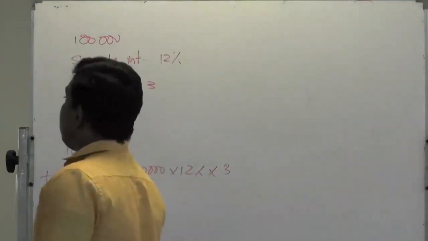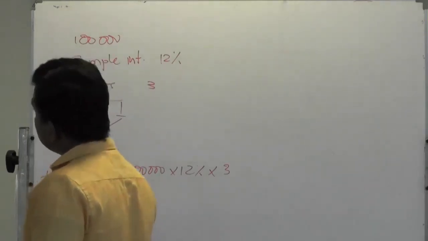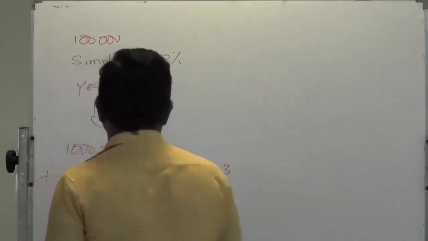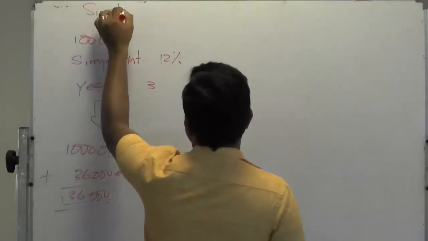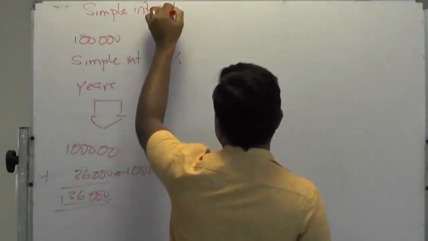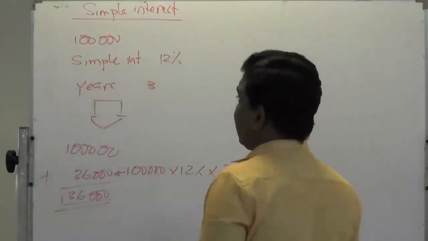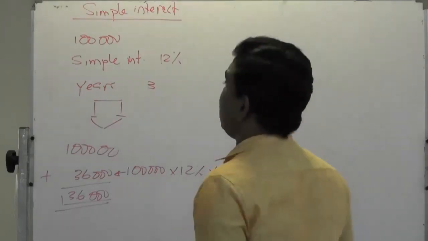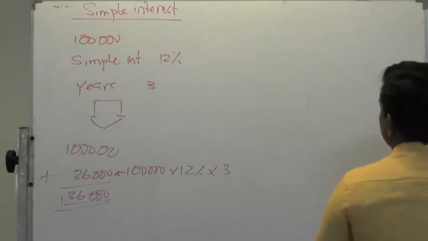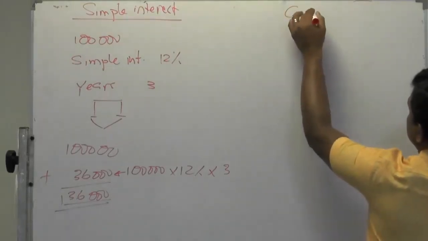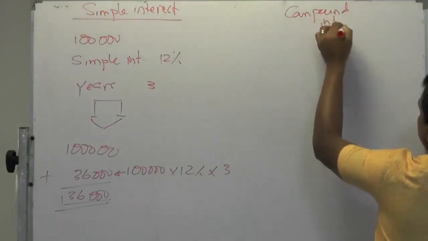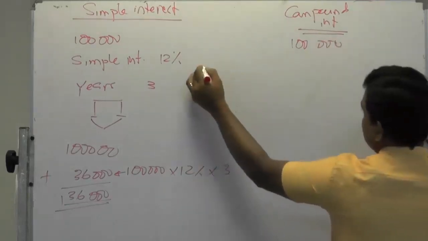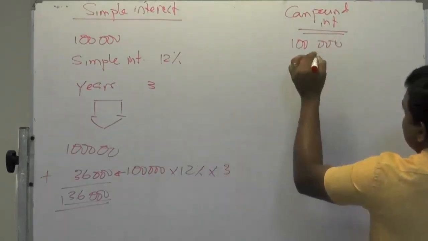What is the annual compound interest to be offered in order to get the same amount at maturity after 2 years, right? This is a simple interest example. Now they are asking what is the compound interest to be offered in order to get the same amount after 2 years. Now here, compound interest: amount 100,000, interest rate is the question.